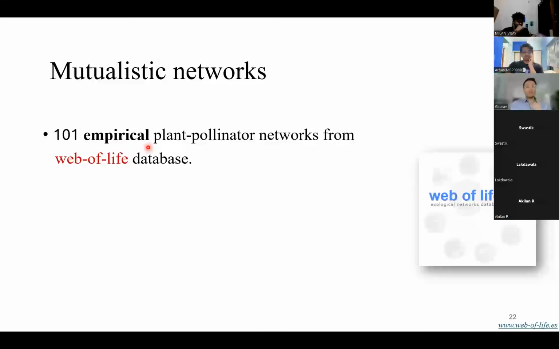Before we go to that, what I typically do is look at empirical plant-pollinator networks. For instance, here we take 101 empirical plant-pollinator networks from the Web of Life database.